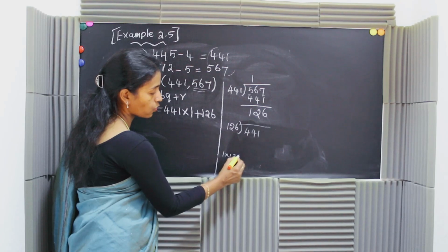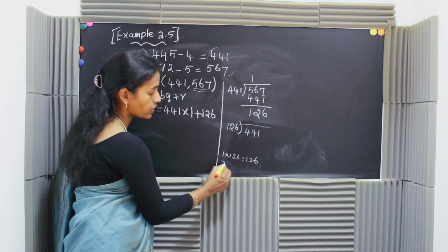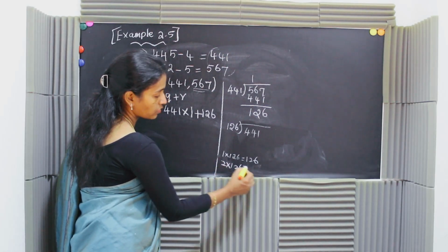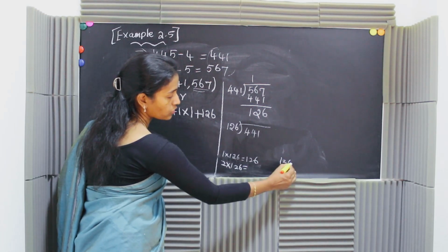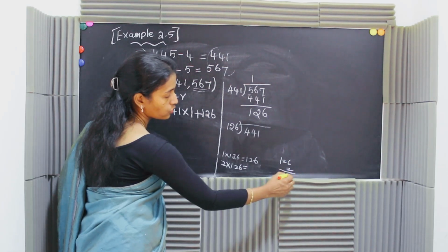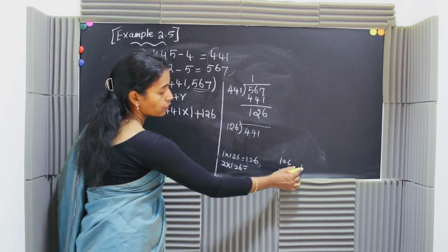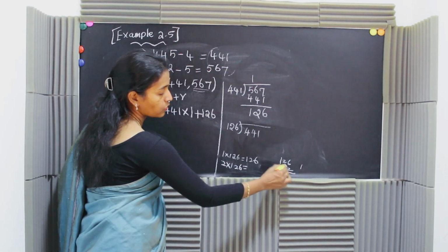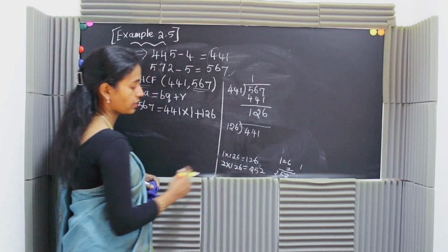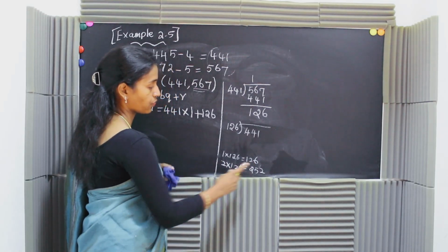1 into 126 becomes 126, right? 2 into 126 becomes 252. We have gotten 2 into 126 is 252.